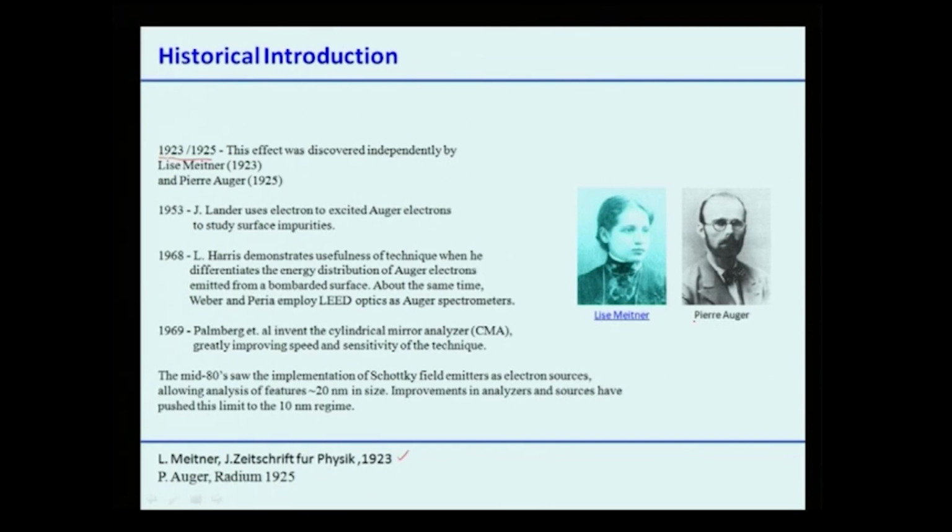In 1953, Lander used electrons to create excited Auger electrons, and those Auger electrons were used to study surface impurities. The problem is basically the vacuum system, because the electrons created by the Auger process are very low energy, so the vacuum has to be very good to detect them, and the detection system also needs to be developed.